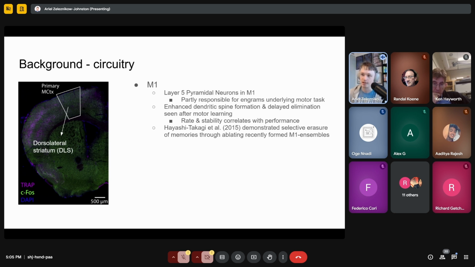So really implying that something about these M1 dendritic spines forms an engram that's critical for learning memories. So that's the M1 part of the region we're talking about.